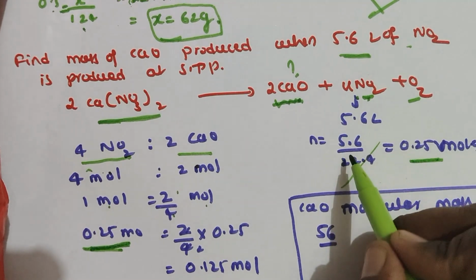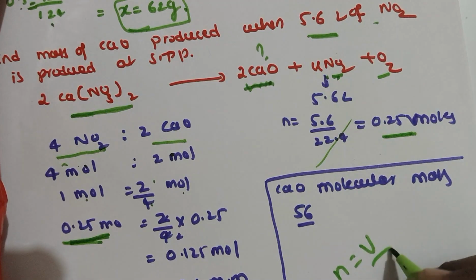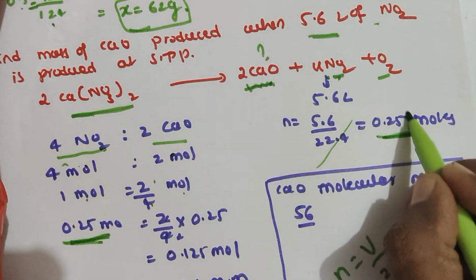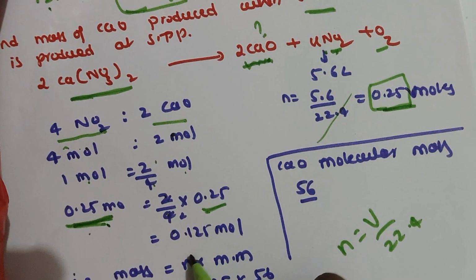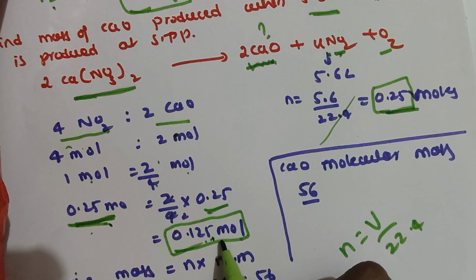How do we get the moles? We already know that number of moles equal to volume divided by 22.4 liter. By using this formula, we get 0.25 moles. So 0.25 moles of NO2 gives what? 2 by 4 into 0.25 mole. On solving, we get 0.125 mole of CaO.